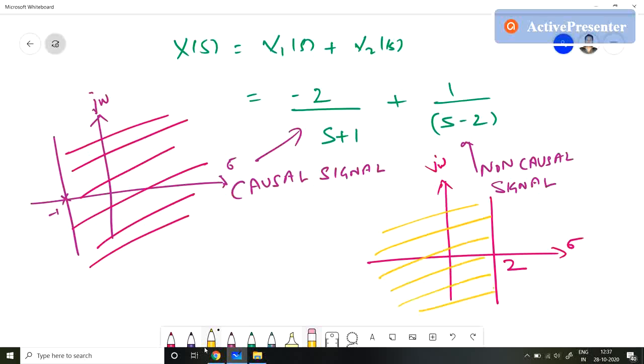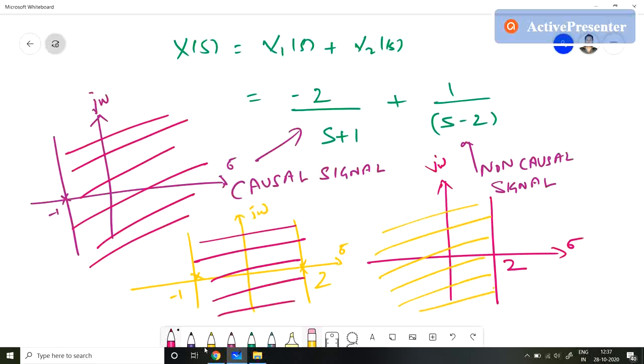So this is the ROC. Now if we find the common ROC, then this is minus 1 and this is 2, this is sigma, this is j omega. Now this is the common ROC.